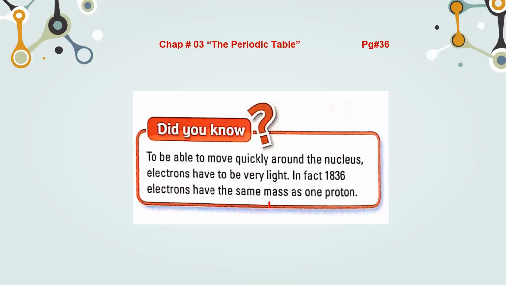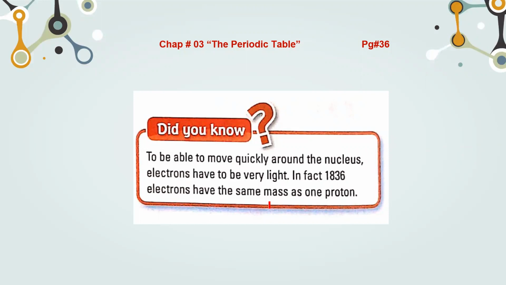Yes, students, you know that to be able to move quickly around the nucleus, electrons have to be very light. Our electrons are very light. They are revolving around the nucleus, and their mass is very, very much lesser than that of the proton.